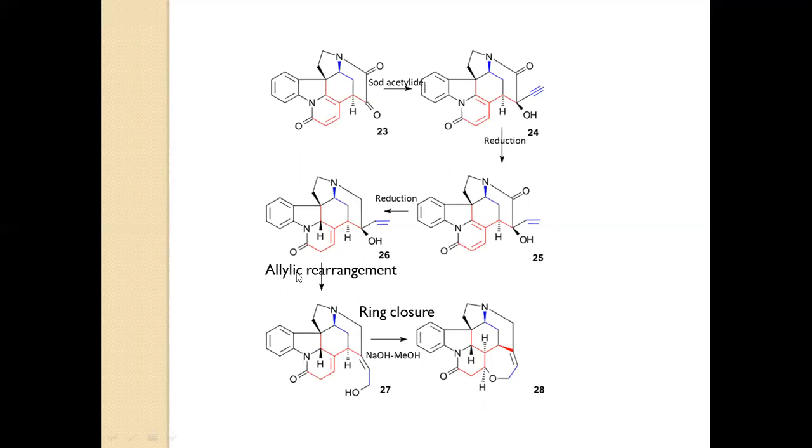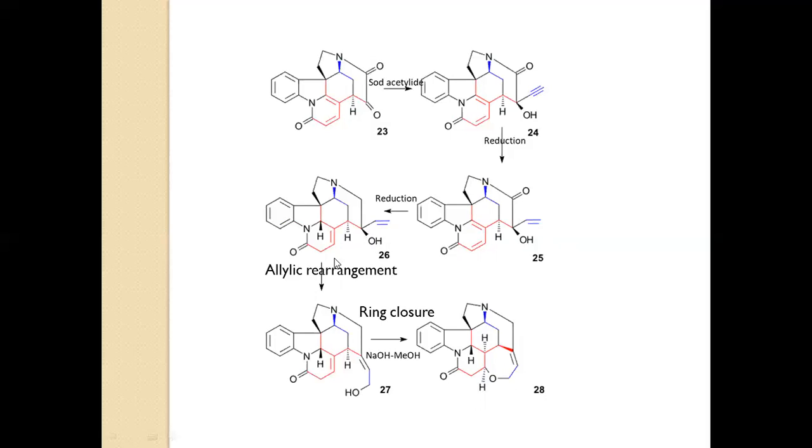For that purpose, this is allowed to undergo allylic rearrangement. So in the previous classes, we have discussed about allylic rearrangement. In allylic rearrangement, the position of the double bond changes and the position of the hydroxy group changes. If you see here, now in the next step, the double bond that is present here shifts to this position and the hydroxy group shifts to this position.